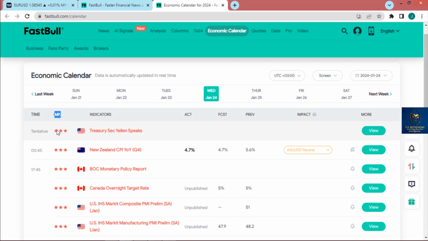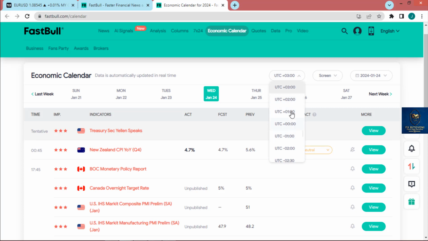High impact, you have three stars. So these are the news, and then you have actual, forecast, and the previous data. Actual will be the real data that will be updated. Then remember to check your time zone.